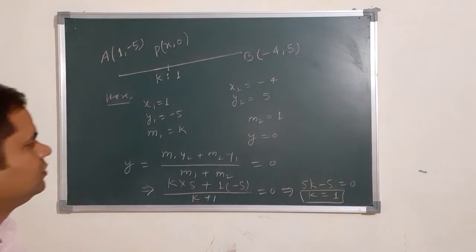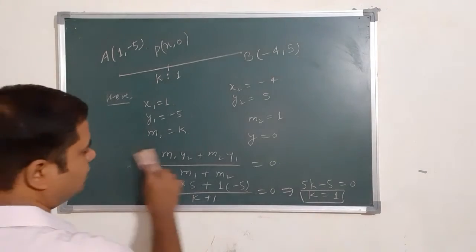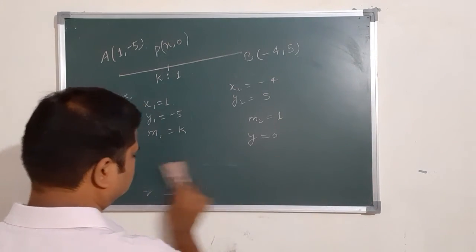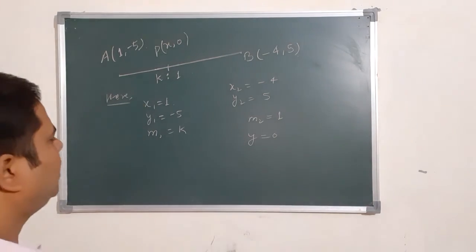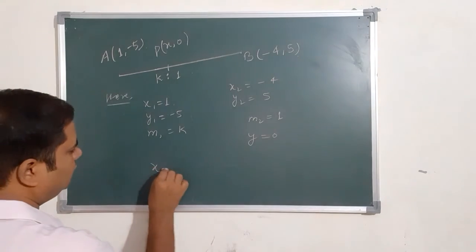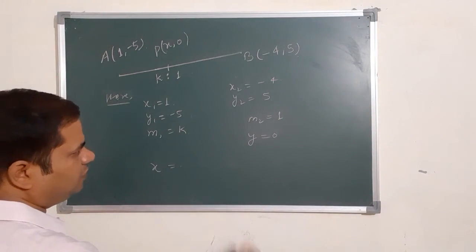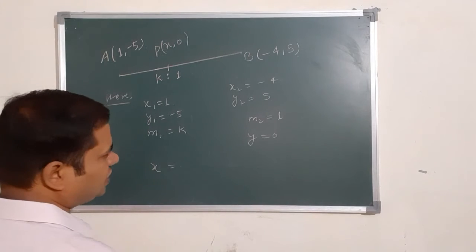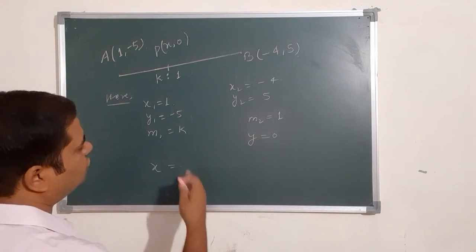Okay, so see, next is x. As m1 to m2 is equal to k, and k is 1, the ratio is 1 to 1.